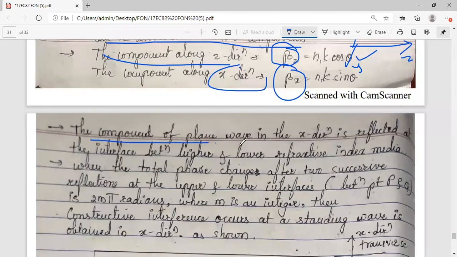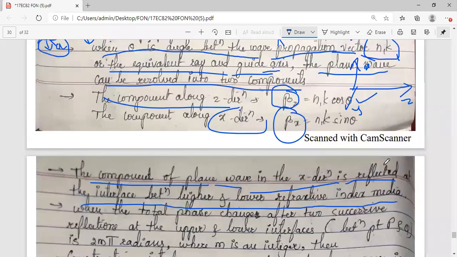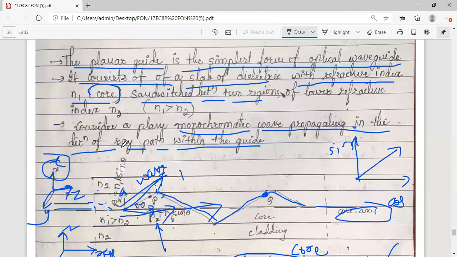The component of the plane wave in the x direction is reflected at the interface between the higher and the lower refractive index media. So we are talking now about this vertical component, not z. No doubt we have resolved the traveling wave into two components.